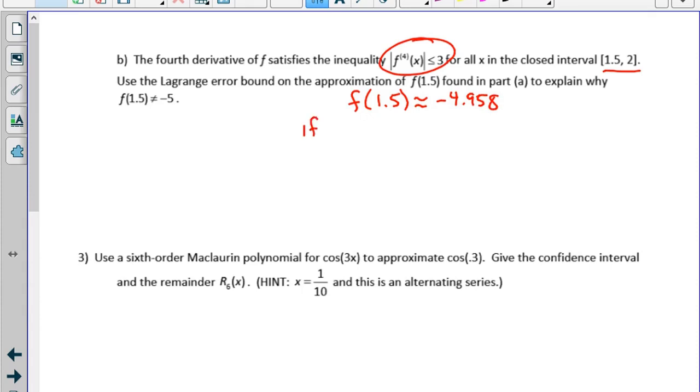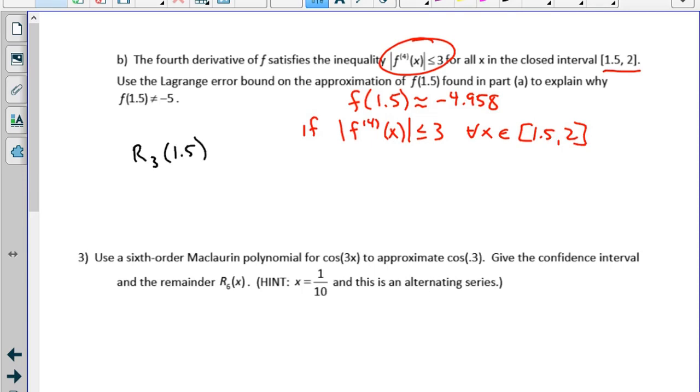So if we know that the absolute value of the fourth derivative of x is less than or equal to 3 for all x in the interval 1.5 to 2, then what I'm going to notice is that my R3 of 1.5, which will be the next term, the maximum derivative times x minus 2 to the fourth over 4 factorial, is my remainder R3.